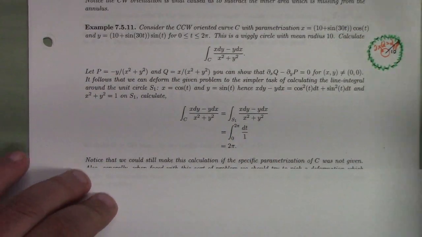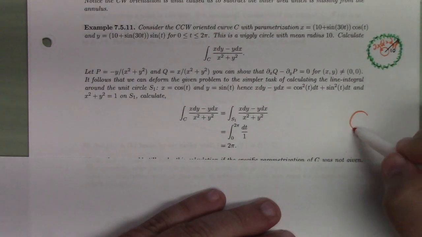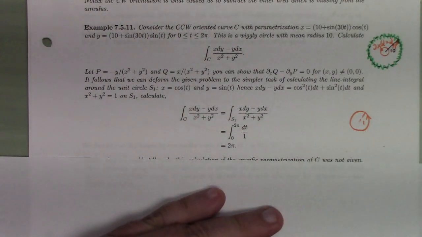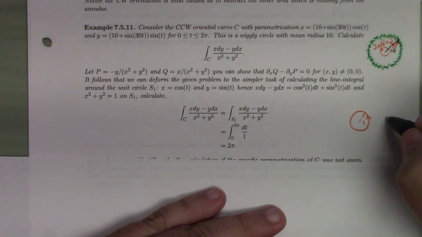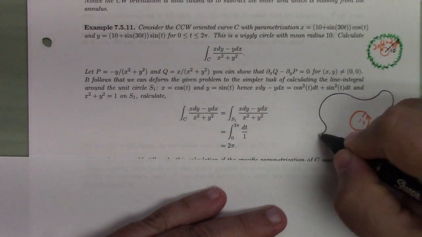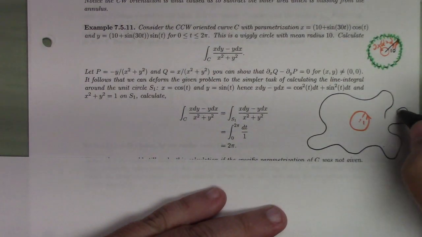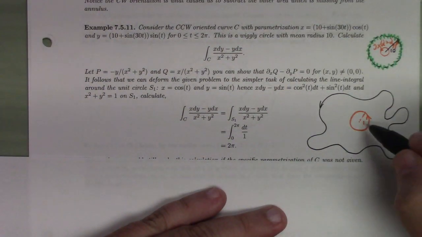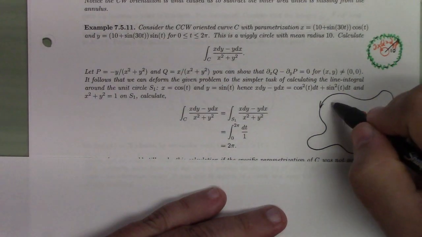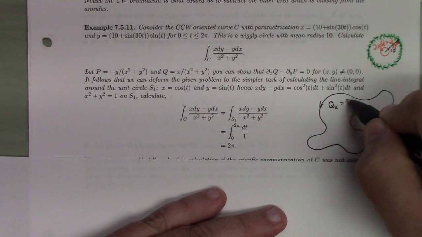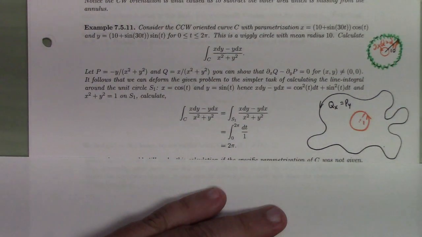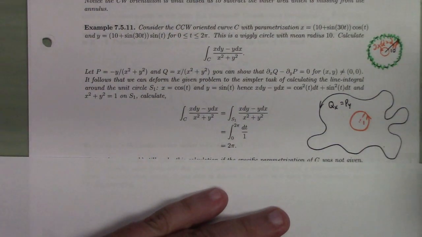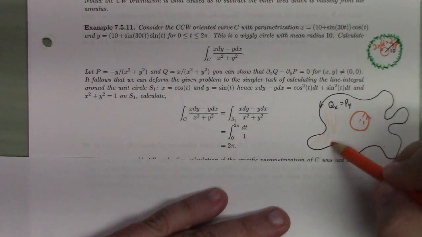It could literally be anything. If you like, here's the unit circle, right? So you take any other curve that just goes once around there, as long as it's counterclockwise oriented, because we have the condition q x equal to p y in between the inner orange curve and the outer black curve in my current drawing.